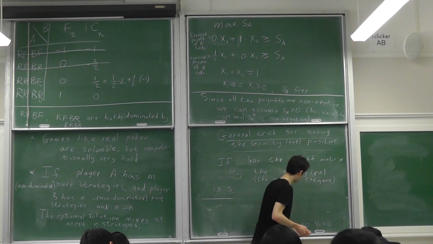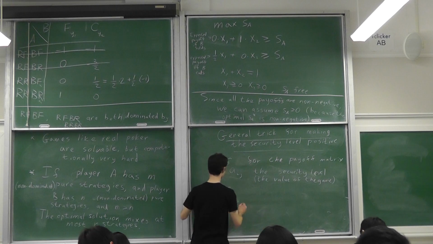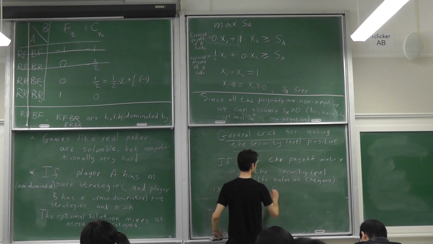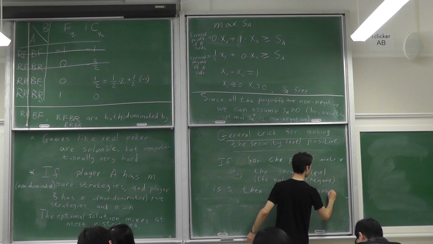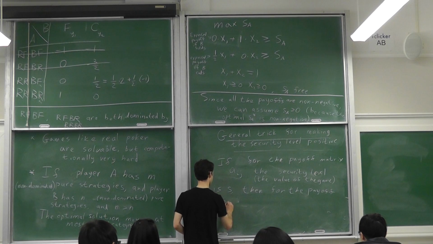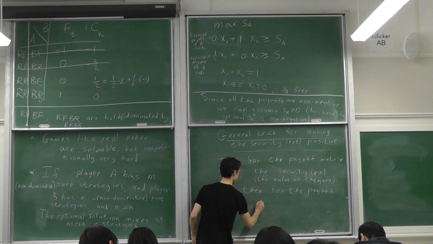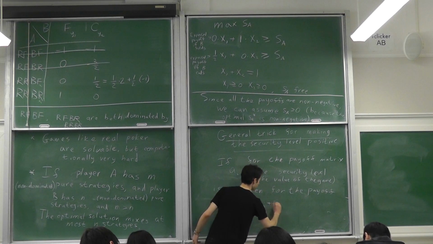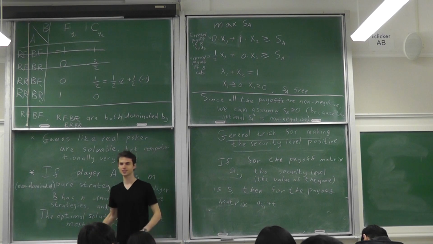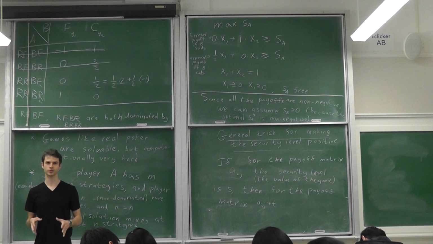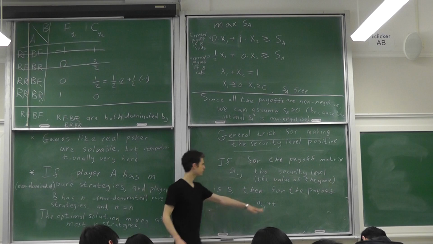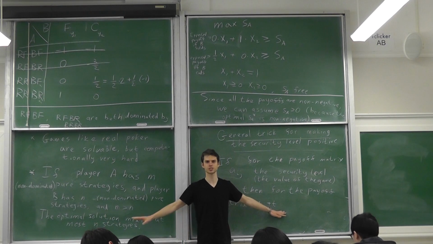But here's a funny trick. Take the payoff matrix A_ij plus T. So let's take our previous game and make the payoff to the first player larger by $2 on every possible outcome.